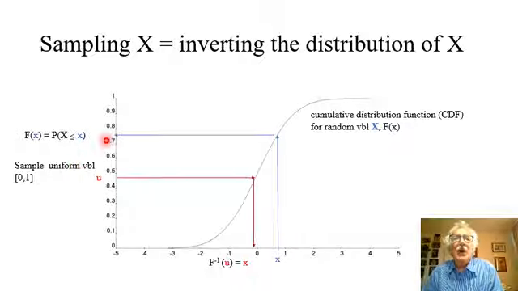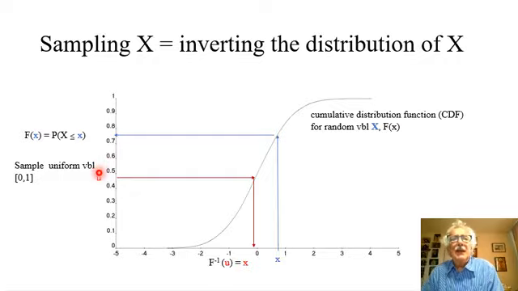So I draw a uniform variable on the 0, 1 interval, and I invert this cumulative distribution function, and I get another little x, which is the inverse under F of u. And if I repeat this many, many times with independent samples from the 0, 1 interval, then I will build up the distribution of x. And you might ask, why is this uniform on the 0, 1 interval? Well, think about it.